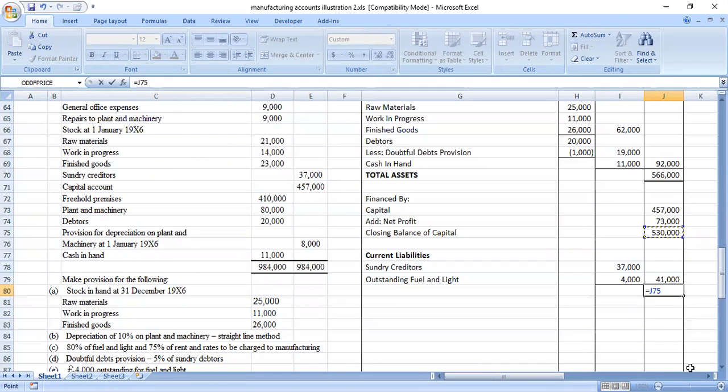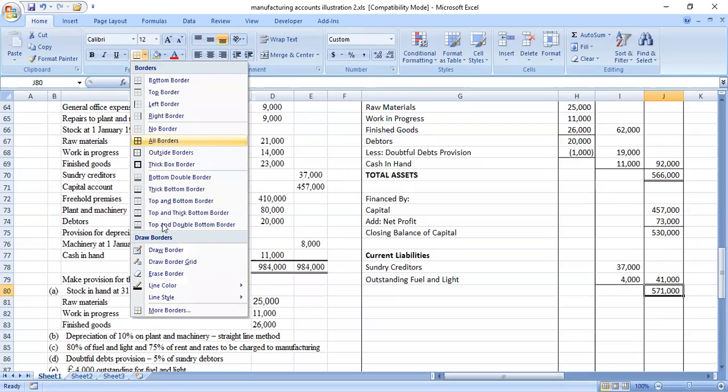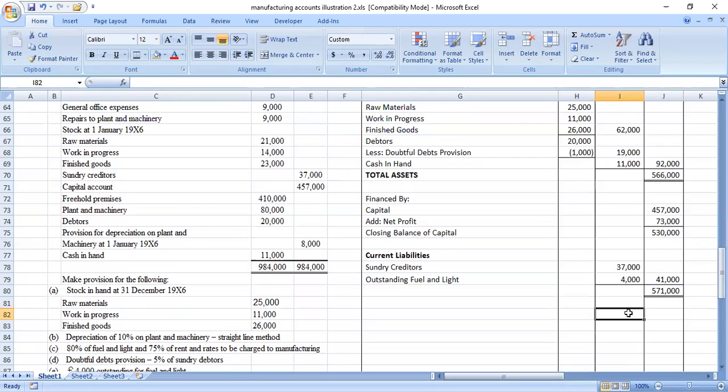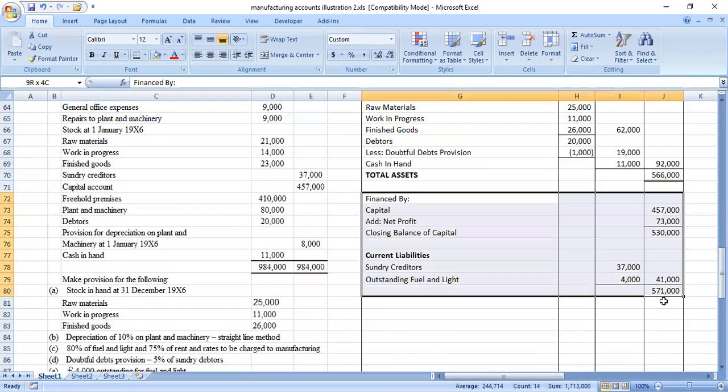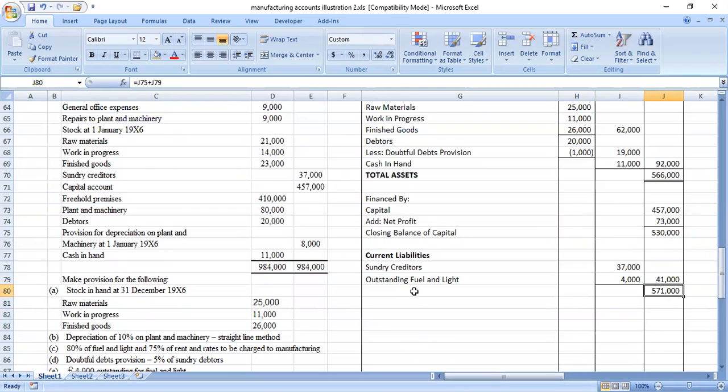The closing balance of capital plus current liabilities is 41,000, which gives us 571,000 as the total. So you understand the concept of the balance sheet, yeah?